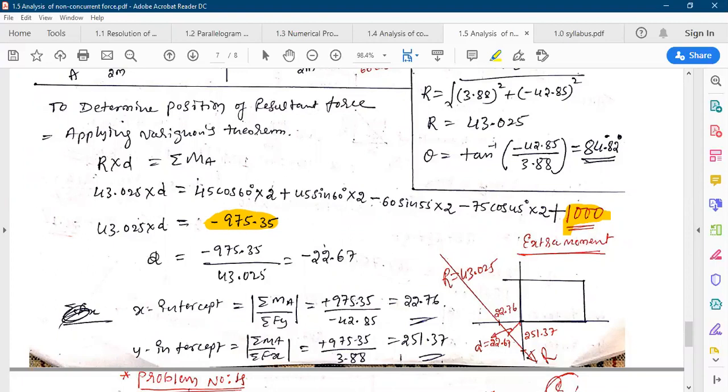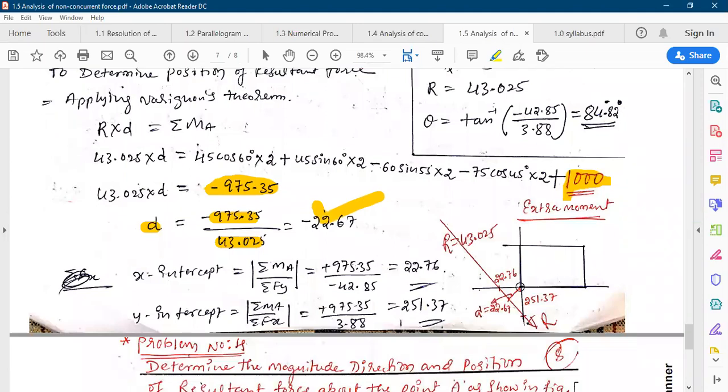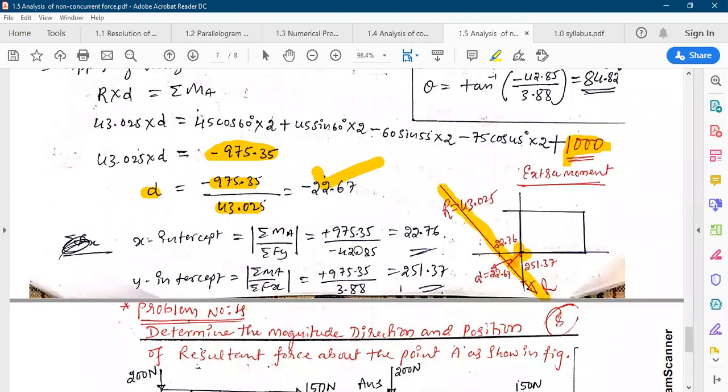Now to calculate d, sigma moment of all the forces at point A divided by the resultant force gives the distance of the resultant from point A. This is how we can locate the resultant force, which is located at a distance of minus 22.67. Now let us calculate the x-intercept and y-intercept.